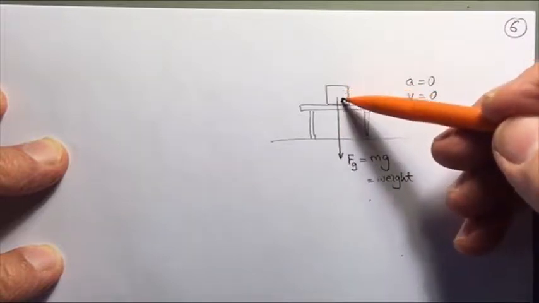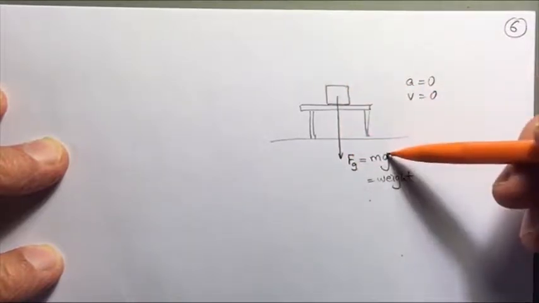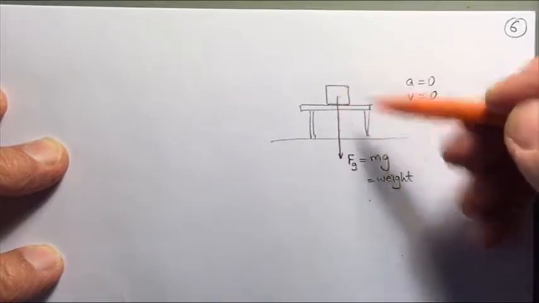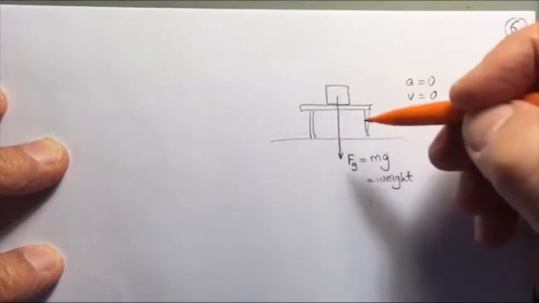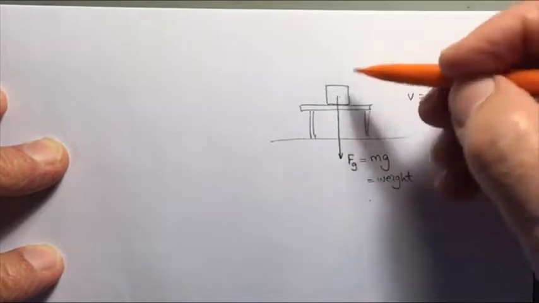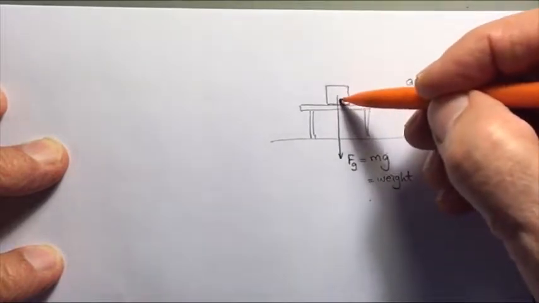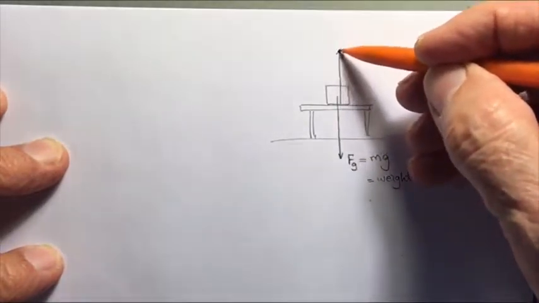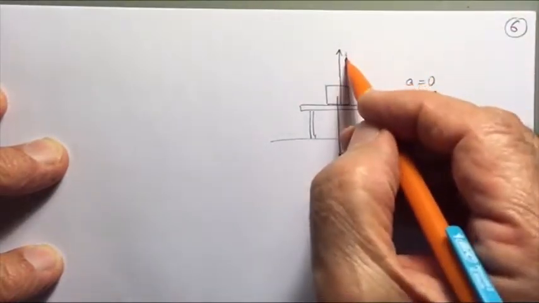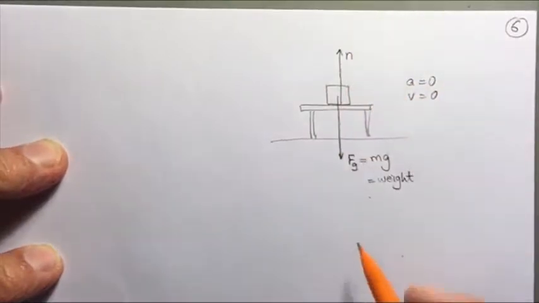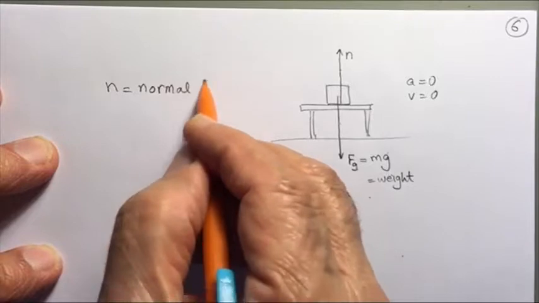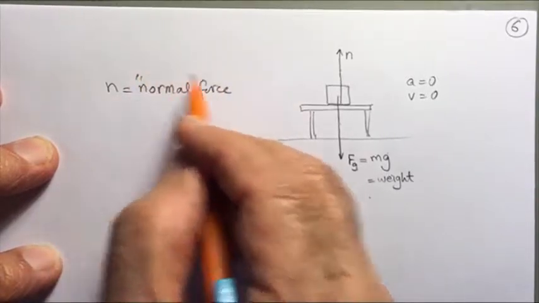It would be in a state of free fall, accelerating at 9.8 meters per second squared. But it's not. That means there must be another force that's exactly balancing this force, so that the sum of forces is 0, and so the acceleration is 0. That force has to be exactly opposite in direction and equal in magnitude. We call that N, and N is the normal force.